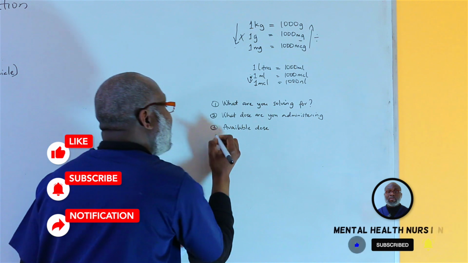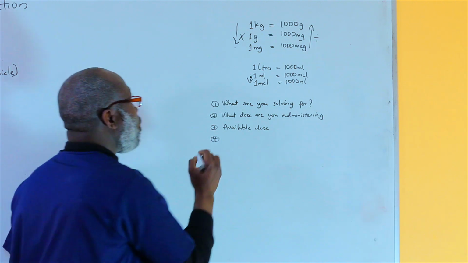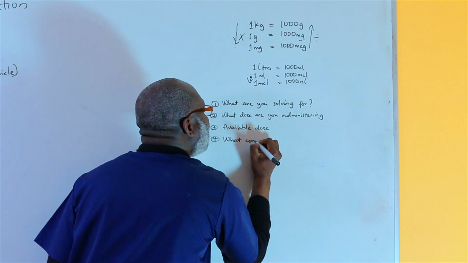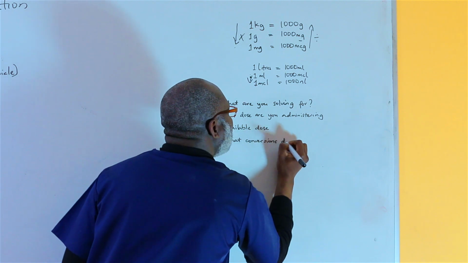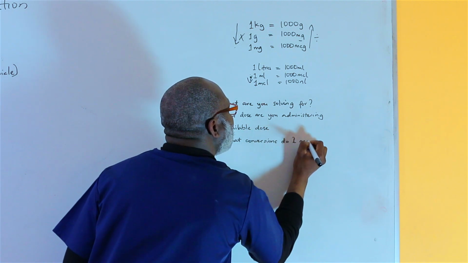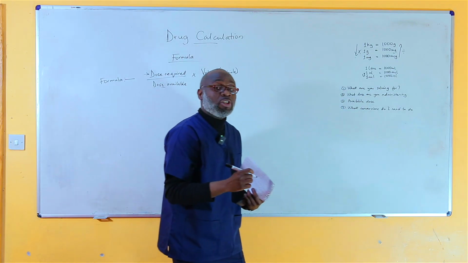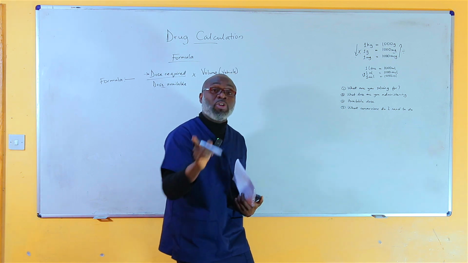If you know these 3, then number 4, which can be very tricky, is what conversions do you need to do? Sometimes in a question you see milligrams, you see grams, and you have to convert one to the other.